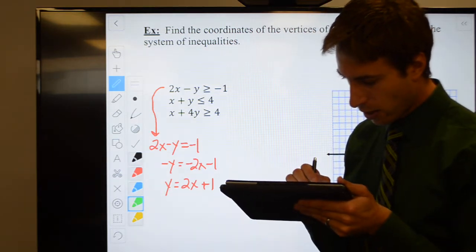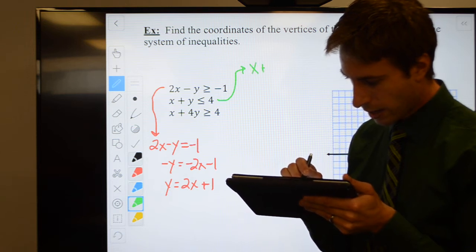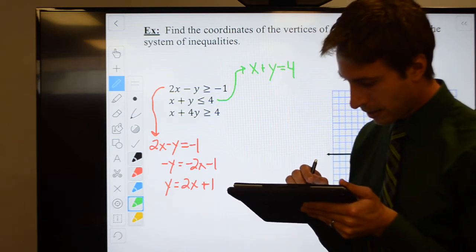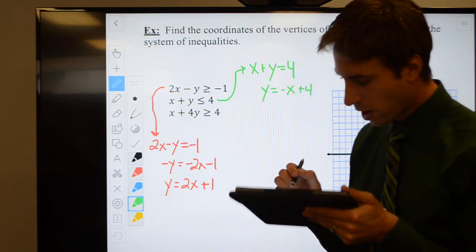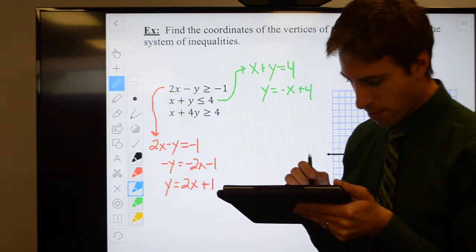Let's do this one right over here. x plus y is equal to 4. I need to solve for y. That means subtracting x to the other side: y equals negative x plus 4. And fantastic, that one's done. We can graph that equation. And then I got one more.